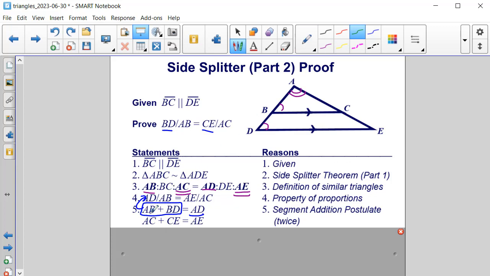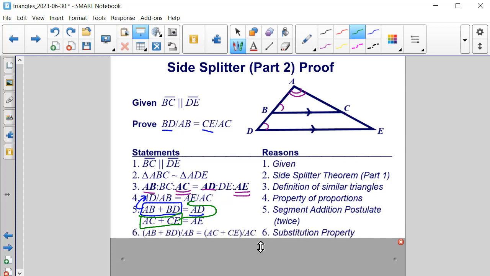And similarly, we can take AC plus CE and substitute it in for AE in the proportion in order to get AB plus BD, all divided by AB, is equal to AC plus CE, all divided by AC. Again, all we did was take the two smaller segments that add up to the larger one and substitute them in for the larger segment on each side of our proportion.